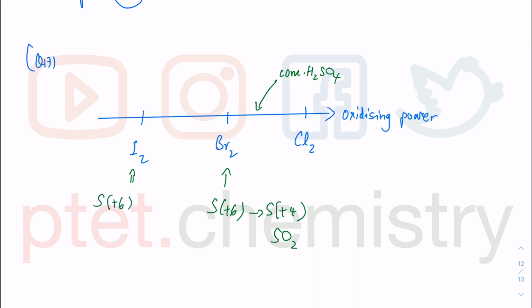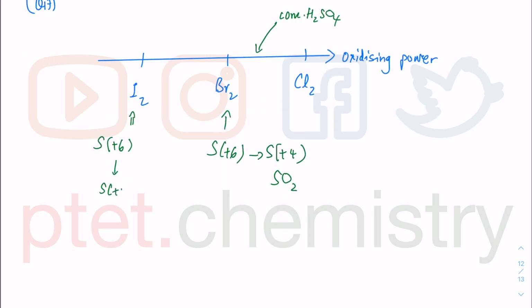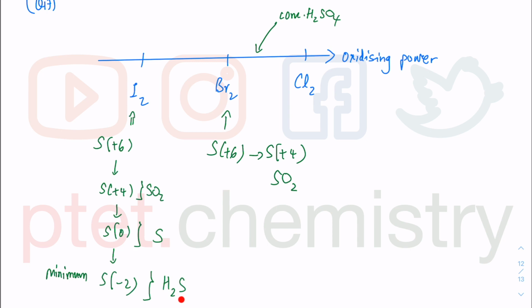So you can get sulfur +6, go to sulfur +4, go to sulfur 0, go to sulfur -2, which is the minimum oxidation state for group 16 elements, sulfur. So that product there would be SO2. That product there is just elemental sulfur, or just S8 if you want to. And then there's your hydrogen sulfide, which is H2S, sulfur -2 oxidation state. This smells a bit like rotten egg, so not a very good smell for you at all.